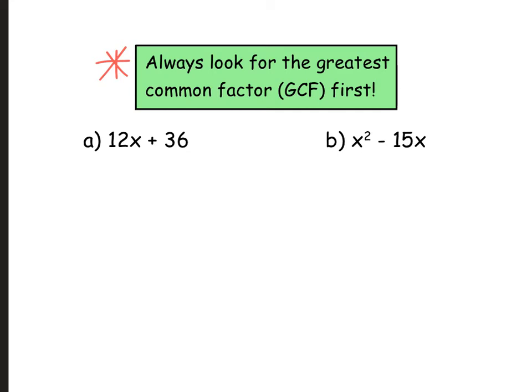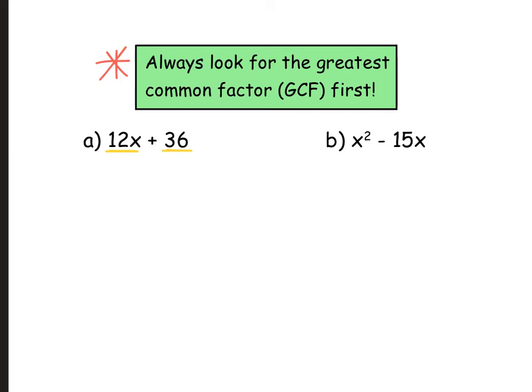What I mean is, in these two terms here, we have a 12x and a 36. If there's any factor that goes into both of them, it's going to make this problem so much easier if we factor it out first. And sometimes that's the only thing you can do. So in this case, the only thing we could do is factor out this greatest common factor. Some of you might be thinking, well, 3 goes into both of them.